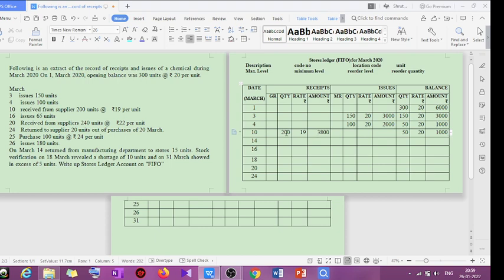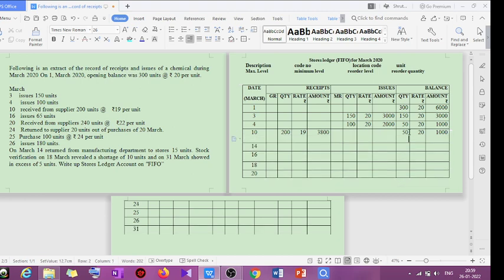On 10th, you have received the material from the supplier. Again, one more slot you have to mention here, that is 200, rate is 19, amount will be 3800. I hope it is clear to you till here.